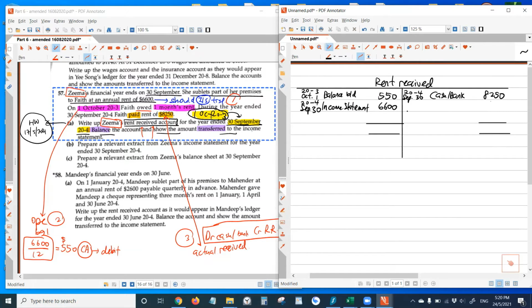Now, balancing process. Not always is the credit side greater. If you cannot visualize it clearly, then you have to use a calculator to confirm which side is greater. Total up the credit side, copy to the other side, then you do a deduction. You would get 1100.